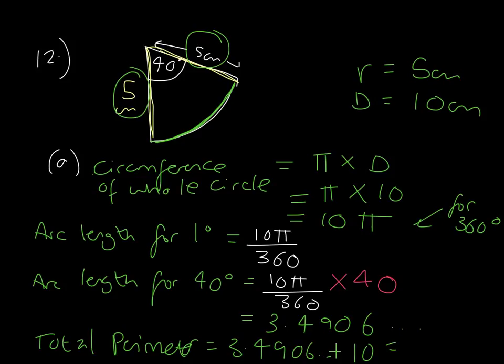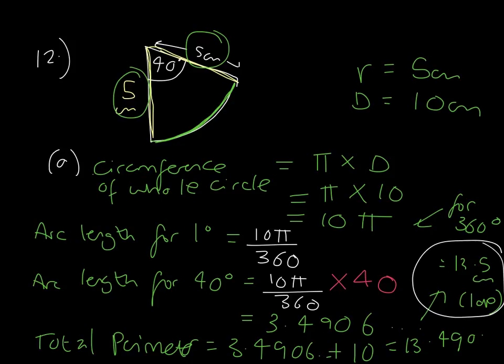This then gives us 13.490... which I'm going to round over here. It's 13.5 centimetres to 1 decimal place. So the total perimeter is 13.5 centimetres.